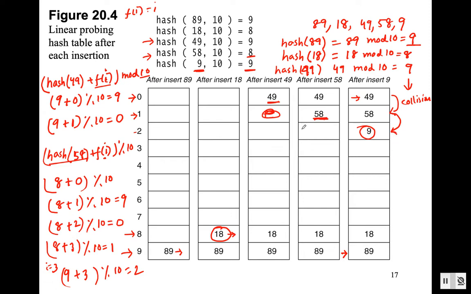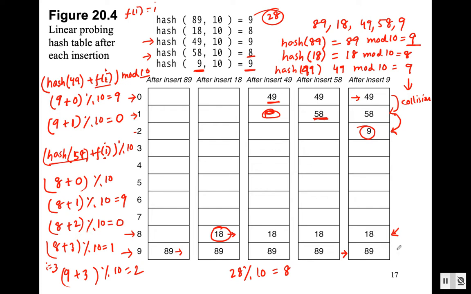Now let's see, we're looking for item 28. For 28, the mod value, 28 mod 10, is 8. That means we are going to look for the item at cell 8. 28 is not there, so we look at the next cell.